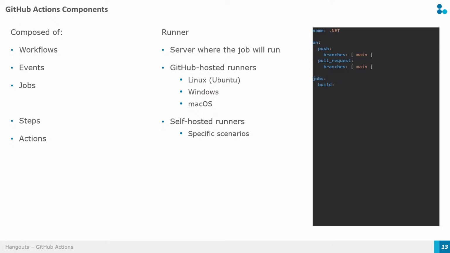And we can have self-hosted runners. This is a machine that's hosted by the user. So if you need a specific version of Linux that's not Ubuntu, or any specific scenario. For example, if you want to build a Windows container using a Windows base image, those Windows hosted runners do not support Docker.